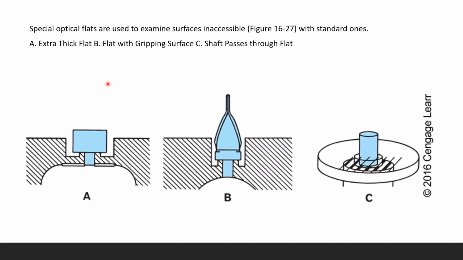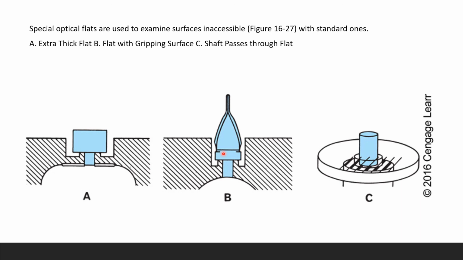So special optical flats are used to examine surfaces inaccessible with standard ones. So we call these surfaces really difficult to reach, and we have to use special optical flats, not the regular one. Here you can see the extra thick flat for a particular type of surface.